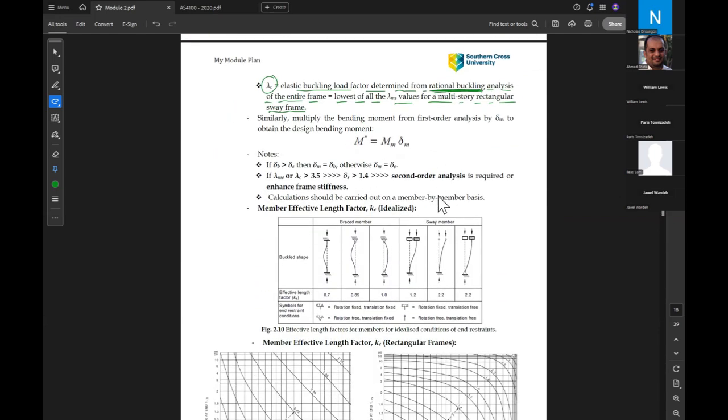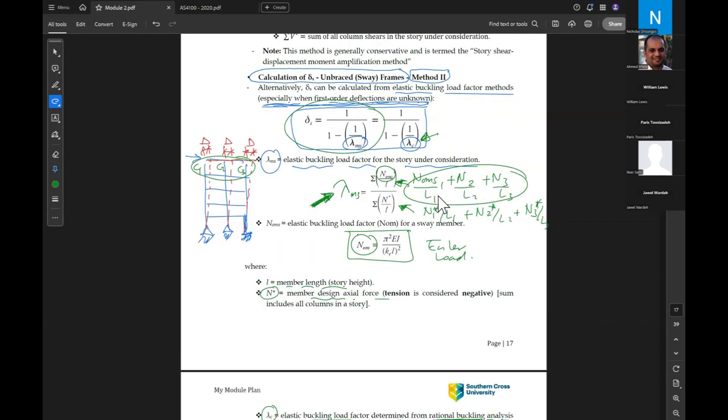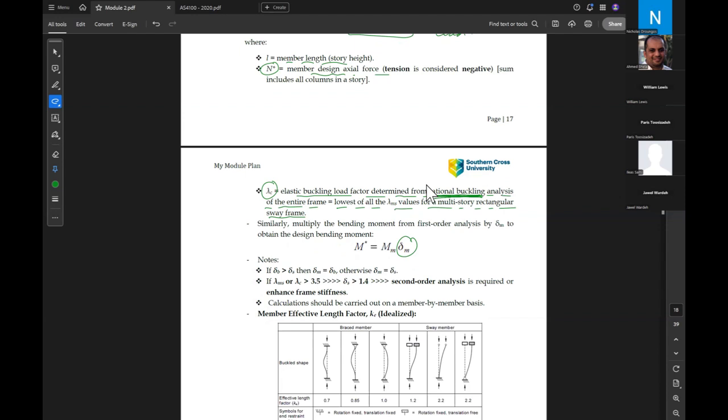Okay, then after we get delta m or delta s, the final moment will be obtained by multiplying the bending moment from the first order analysis by delta s to obtain the design bending moment.